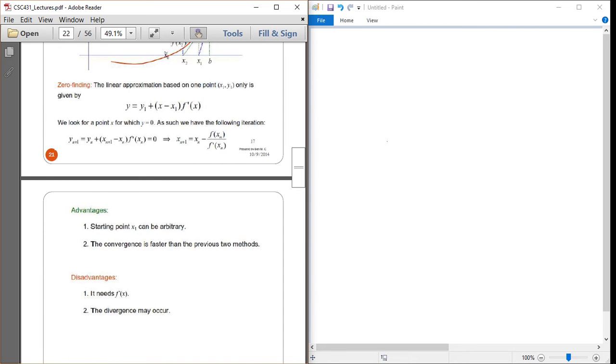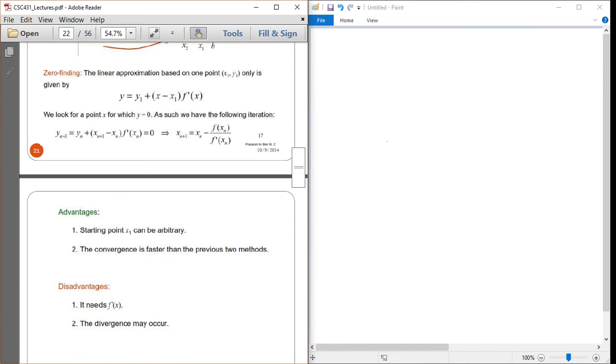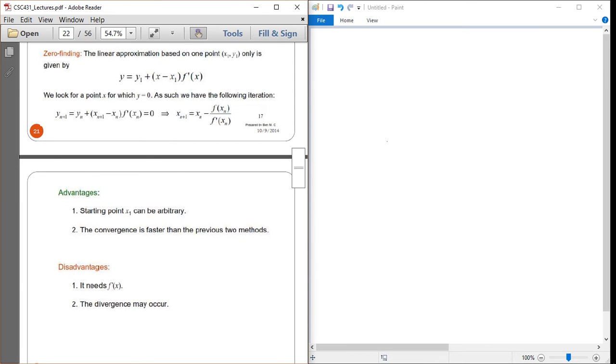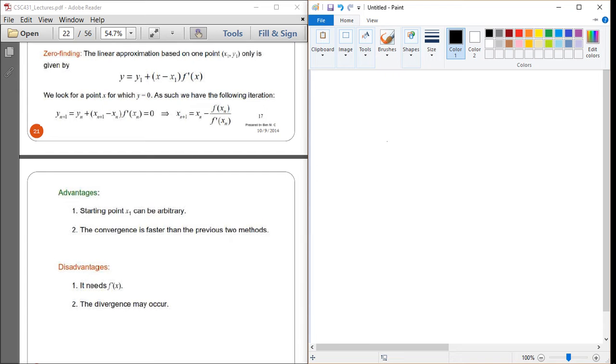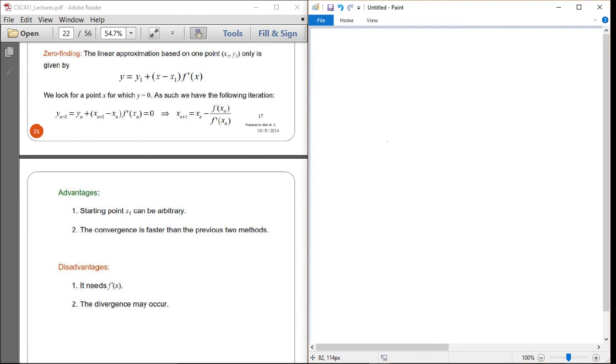But currently, in the example we have here, we are working with this formula that says yn plus 1 equals yn plus x n plus 1 minus xn into f prime of xn.